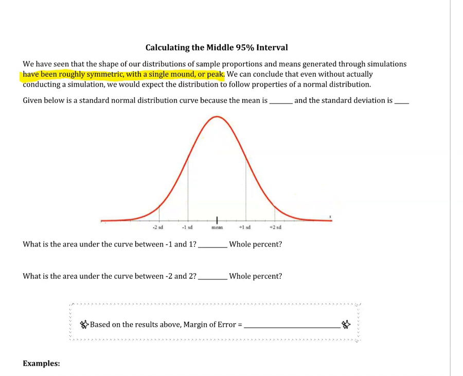Now, below is a standard normal distribution curve, and that's because the mean is 0, which is the middle here, and your standard deviation is 1. Okay? What is the area under the curve between -1 and 1? So that's between here and here. If you want to find the area under the curve, this is a recall from Unit 13, I would use normal CDF.